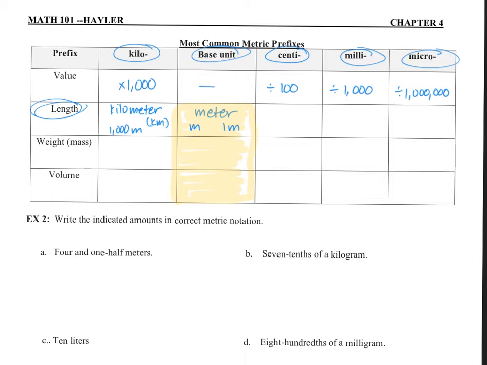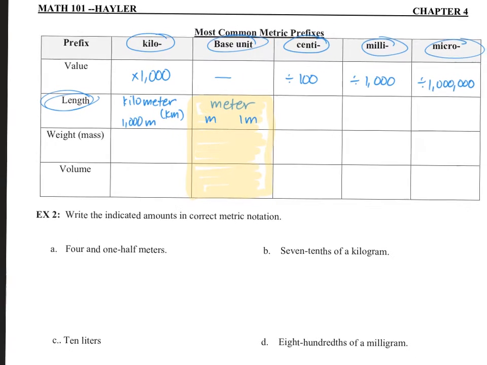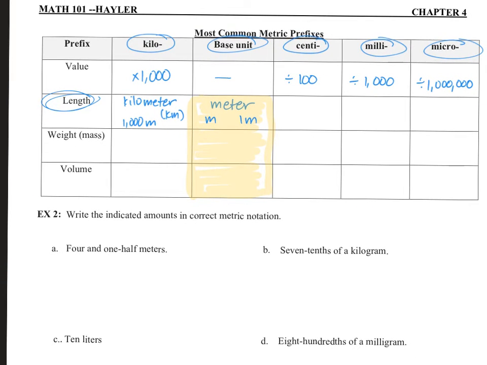All right, so let's keep looking at length. For centimeter, that is going to be taking our base unit of 1 m and dividing it by 100. So centimeter, commonly abbreviated as cm, and we take our base unit of 1 and divide it by 100, so we get 0.01 meters. Next, we're looking at millimeters.